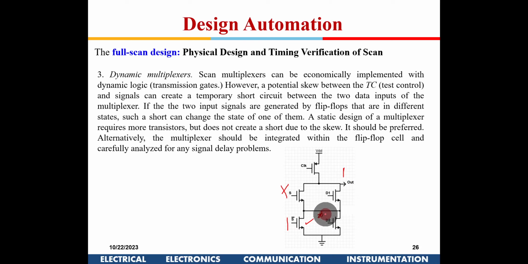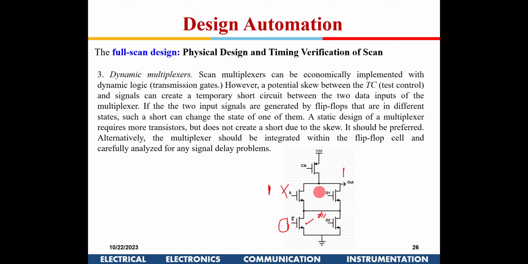So depending on D1, the output would be 0 or 1, correct? When S is 0, I have a ground here, and this output will be D1 bar.